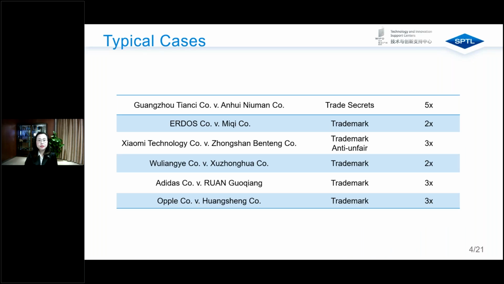In March of this year, the Supreme People's Court issued 6 cases about the punitive damages system in IP cases as typical cases, which are shown in the table. The cases are related to trade secrets, trademarks, and anti-unfair competition. The multiple of punitive damages is from 2 to 5 times.